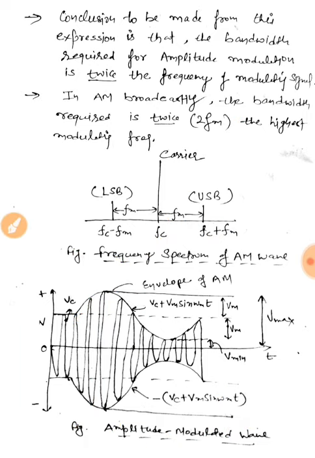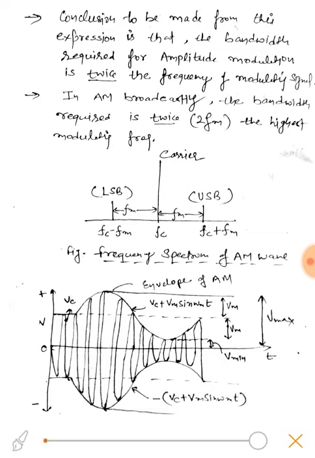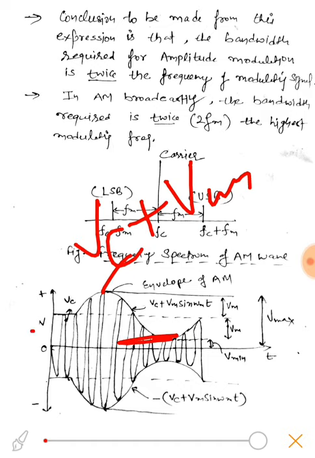Okay, let's see, this is Vc plus Vm and this value is Vc minus Vm.